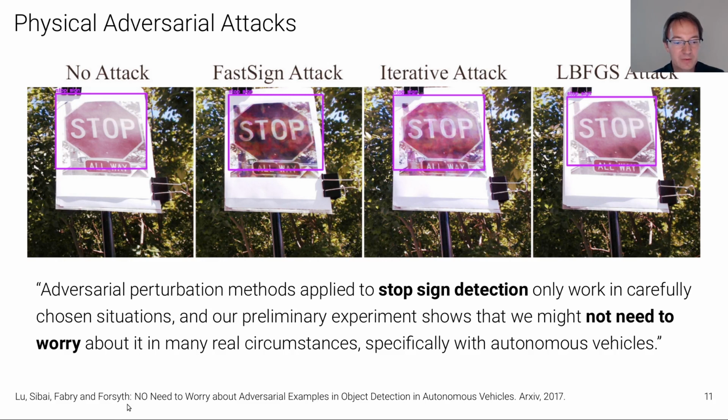What Forsyth et al. found is that adversarial perturbation methods applied to stop sign detection only work in carefully chosen situations. And our preliminary experiments show that we might not need to worry about it in many real circumstances, specifically with autonomous vehicles.